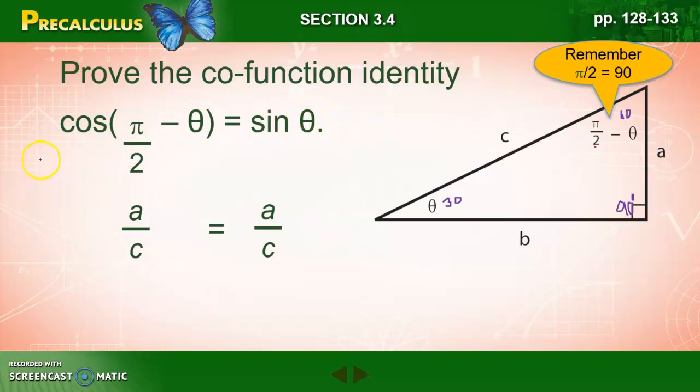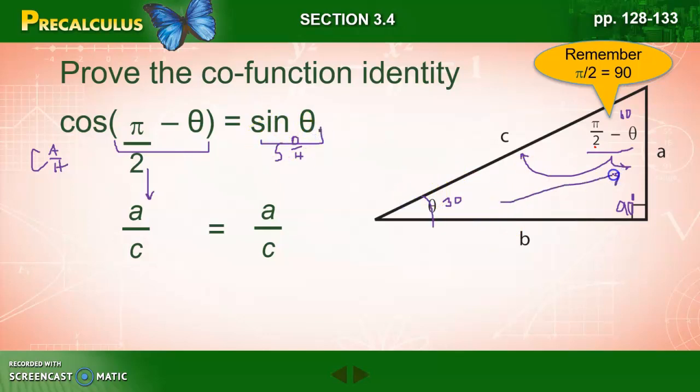Let's take a look. As a reminder, cosine is adjacent over hypotenuse, and sine is opposite over hypotenuse. Well, if we look at the cosine of this second angle here, we see adjacent is side A, and hypotenuse is side C. So the cosine is A over C. And if we look at the sine of this acute angle down here, sine is opposite.